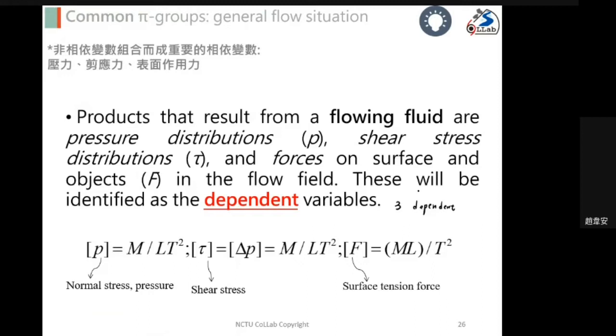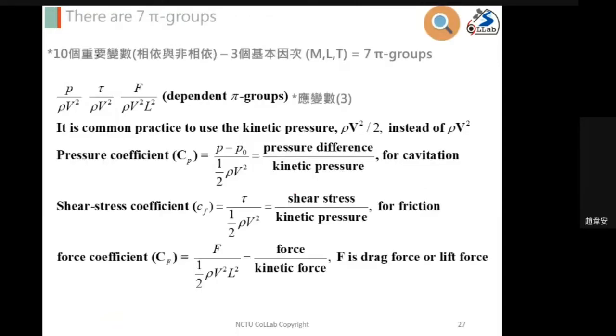So the previous slide just showed the 7 independent variables, and here we have an additional 3 dependent variables. So in total we have 10 important variables. And if you take a look at the dimensions of the 10 variables, we only have the 3 basic dimensions, such as mass, length, and time.